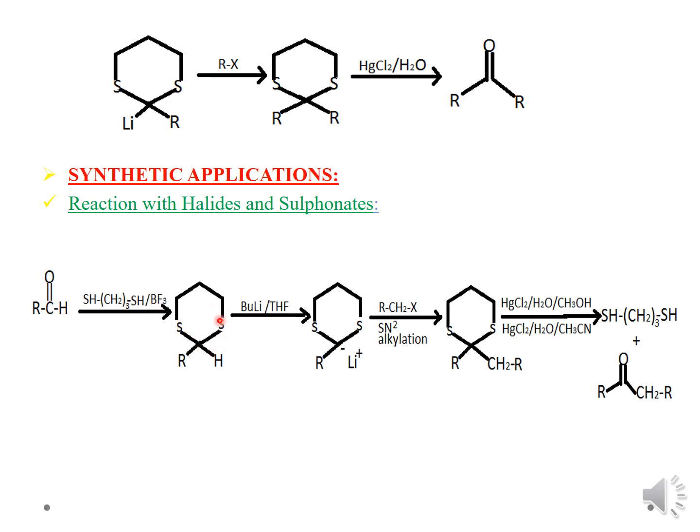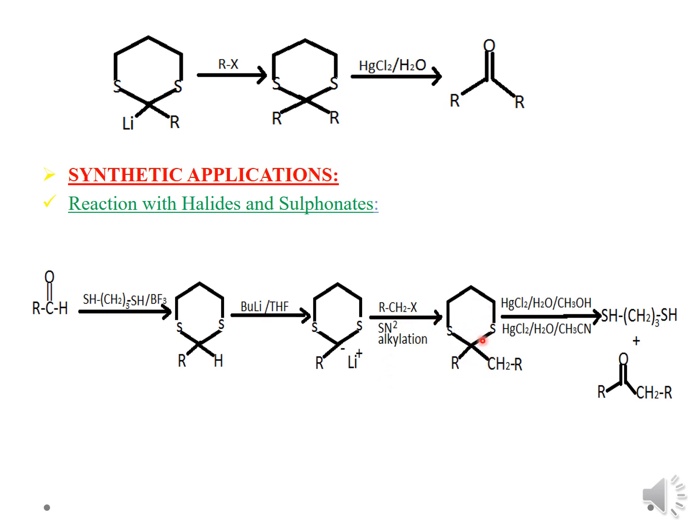Once you protect the carbonyl group, upon addition of butyl lithium in THF, this butyl group will abstract the proton and generate the carbanion, and because of this vacant orbital, the lithium ion just goes and sits over here. Then this will undergo an SN2 alkylation reaction. Upon addition of RCH2X, that is your alkyl halide, this minus charge again attacks the CH2R group with the cleavage of the X group, that is LiX gets cleaved out, resulting in this structure.